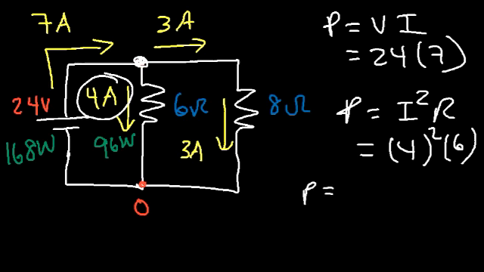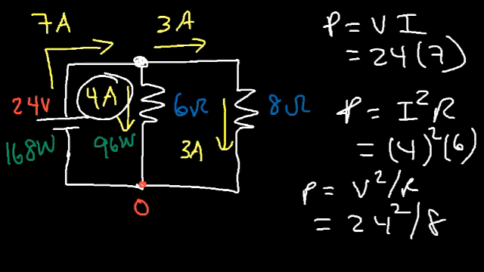For the last one, let's use V squared over R. So what is 24 squared divided by 8? In this case, let's divide first. 24 divided by 8 is 3.